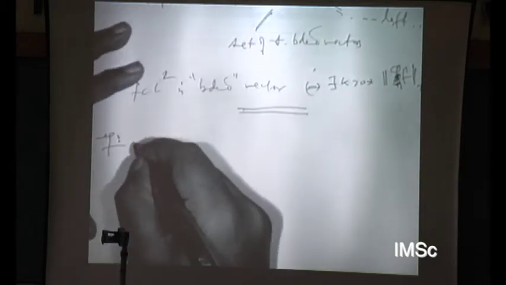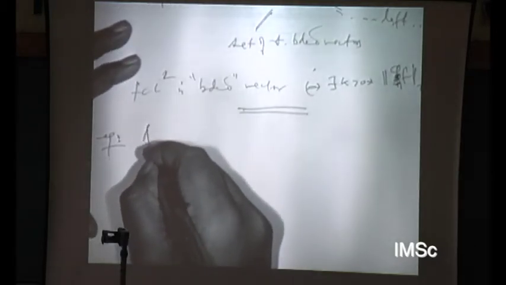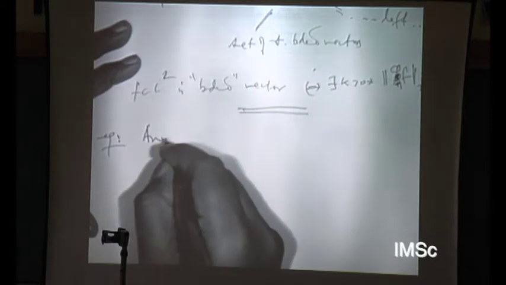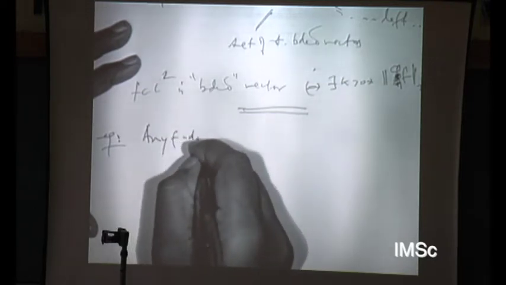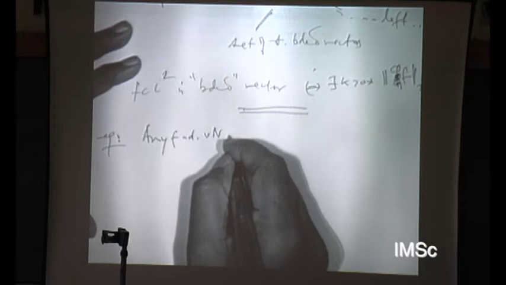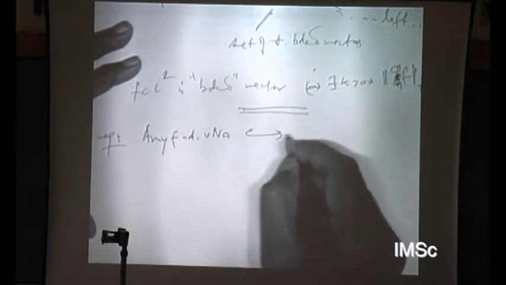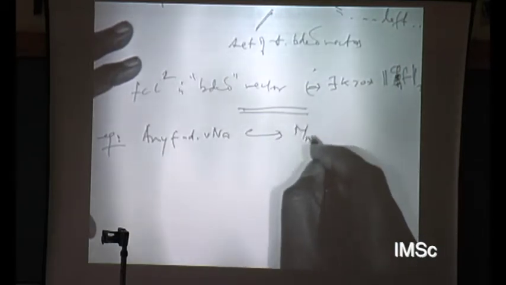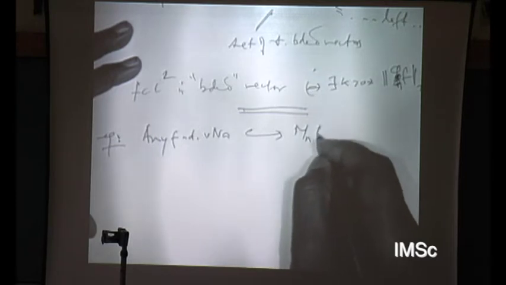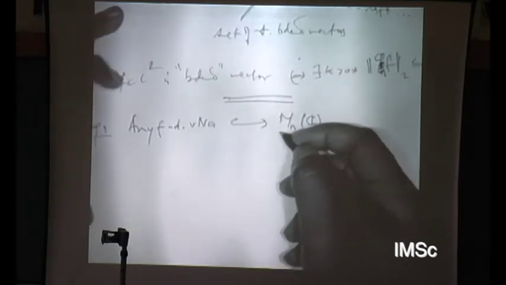Right? So any finite dimensional von Neumann algebra M embeds inside an Mn for some n; in fact you can take n to be the dimension of M. This is the left action of M on itself.